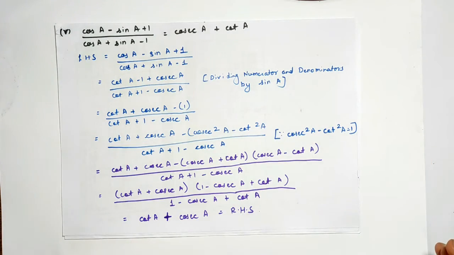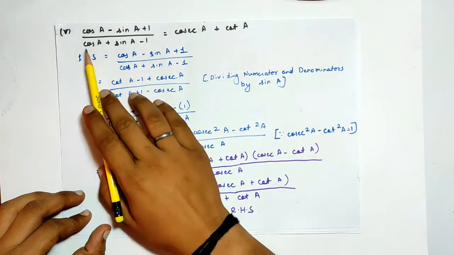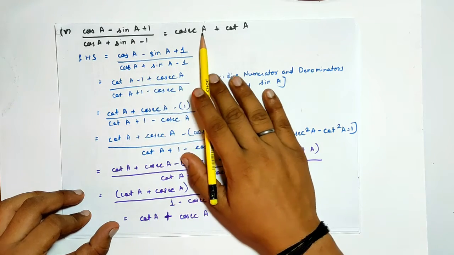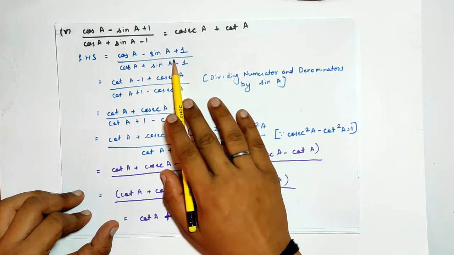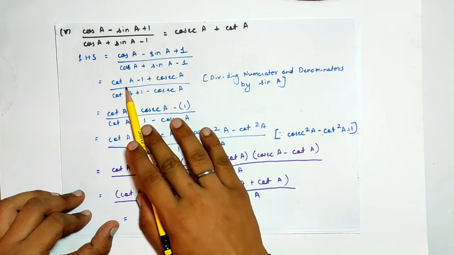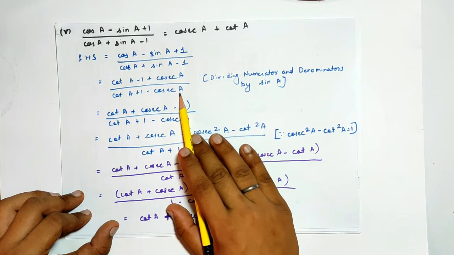So now let's come to the next part of the same question, that is part 5. (cos a minus sin a plus 1) upon (cos a plus sin a minus 1) is equal to cosec a plus cot a. LHS is (cos a minus sin a plus 1) upon (cos a plus sin a minus 1). Dividing numerator and denominator by sin a, we get (cot a minus 1 plus cosec a) upon (cot a plus 1 minus cosec a).